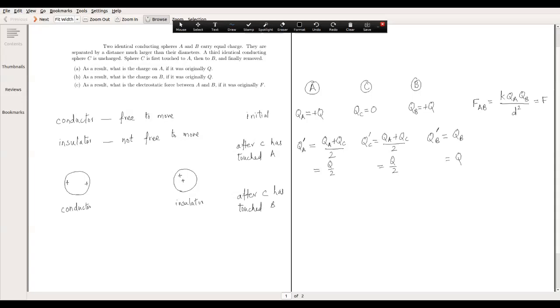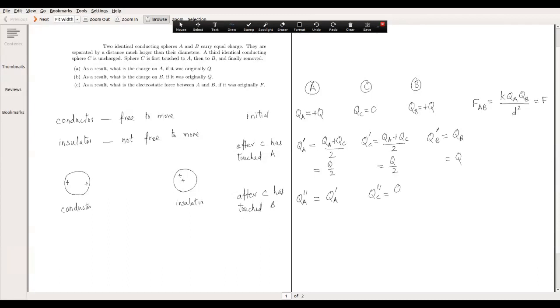When C is touched by B, the charge on A stays the same. So now let's call it the double prime. That's a new charge, a new configuration after the sphere C has touched B. So this stays the same as original A, and C and B share.